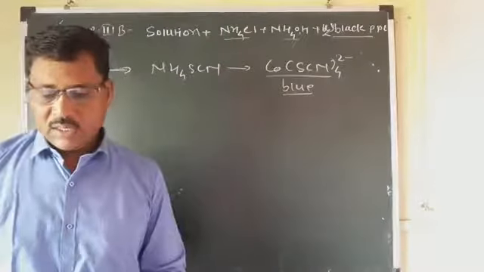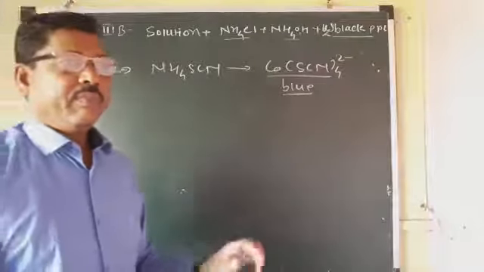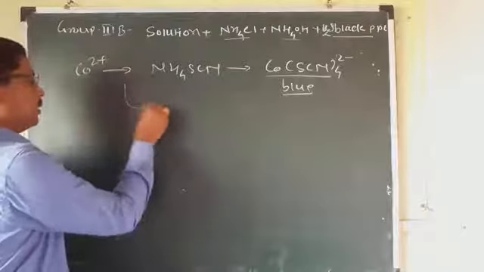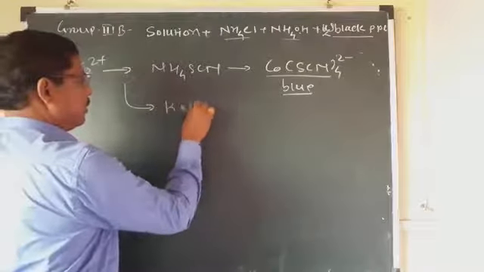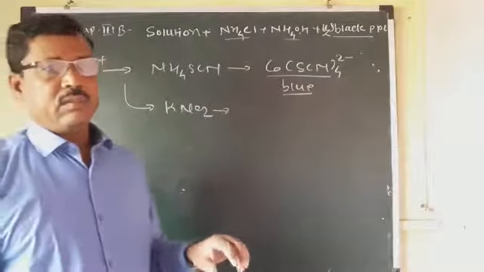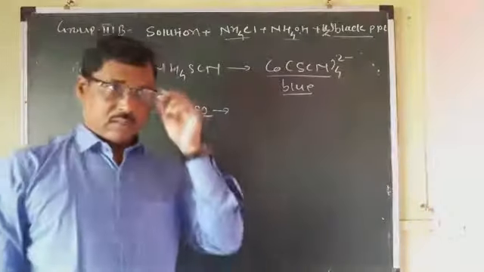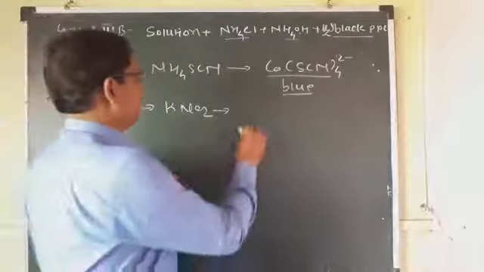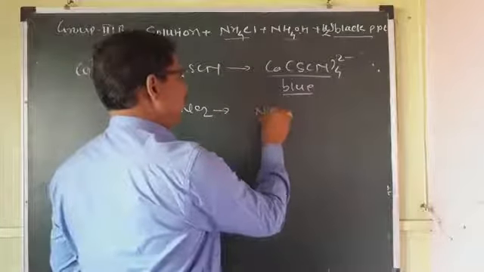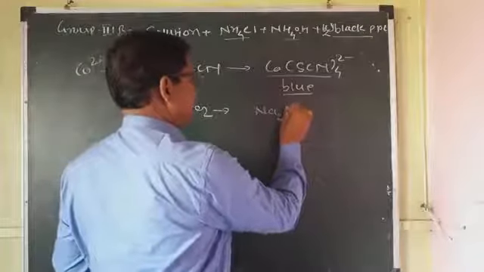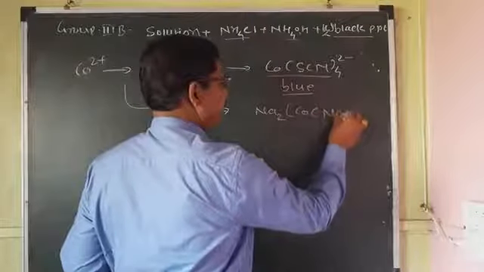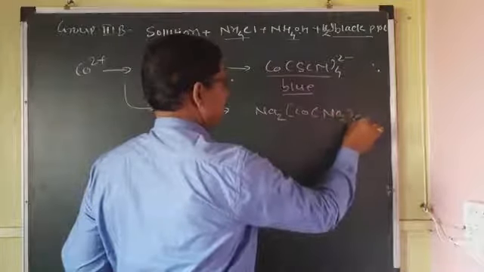One more test is the cobalt with potassium nitrite. Okay, in the presence of sodium hydroxide to form sodium cobalt nitrite, that is cobalt NO2 6.